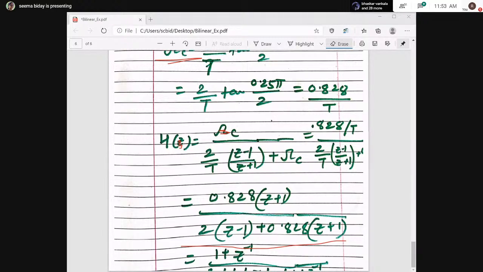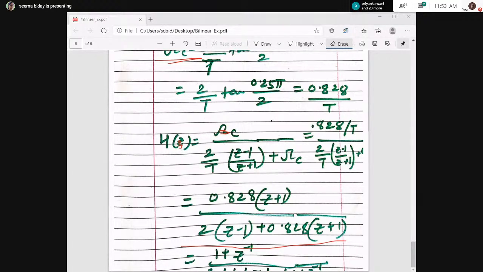So you should listen properly. This is the relationship I am asking between capital omega and W in case of bilinear transformation. Capital omega is equal to 2 by T tan of WT by 2, it should be.